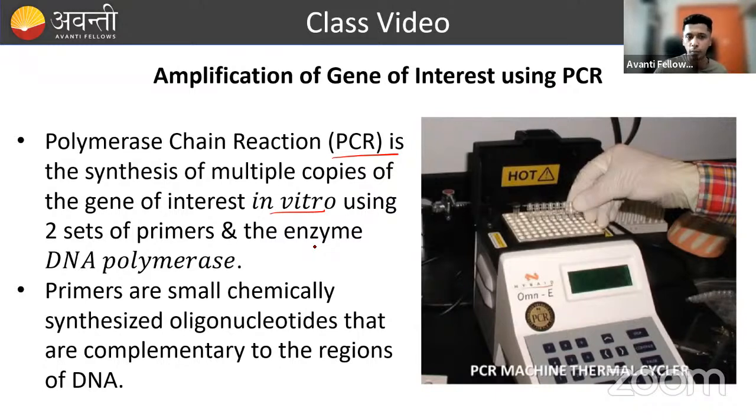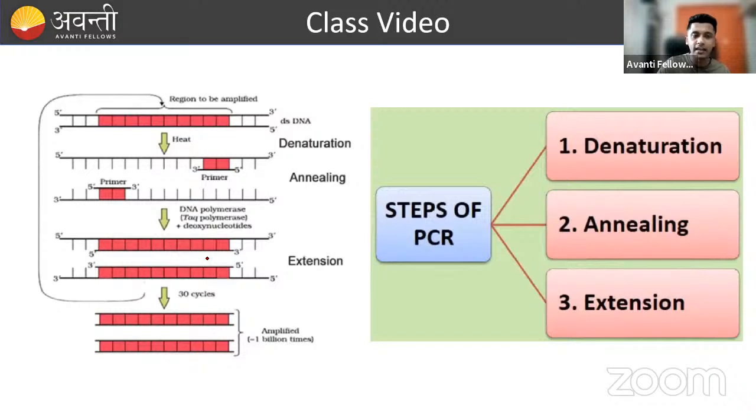For this, we use DNA polymerase, like you remember from replication, and nucleotides, and we make sure that our DNA polymerase and nucleotides are protected by very special enzymes. Then we run this process, and the result is thousands of copies.